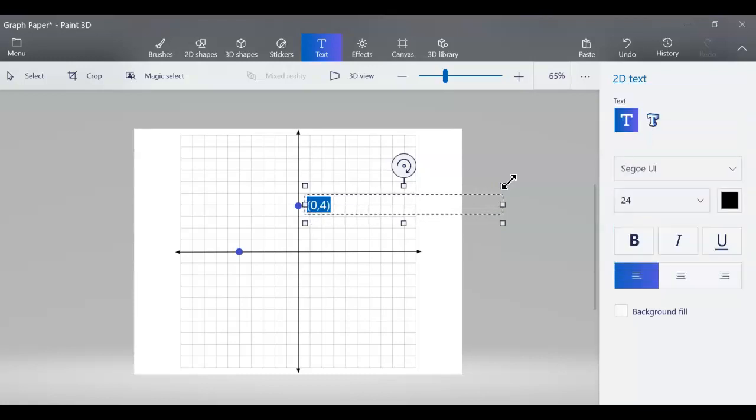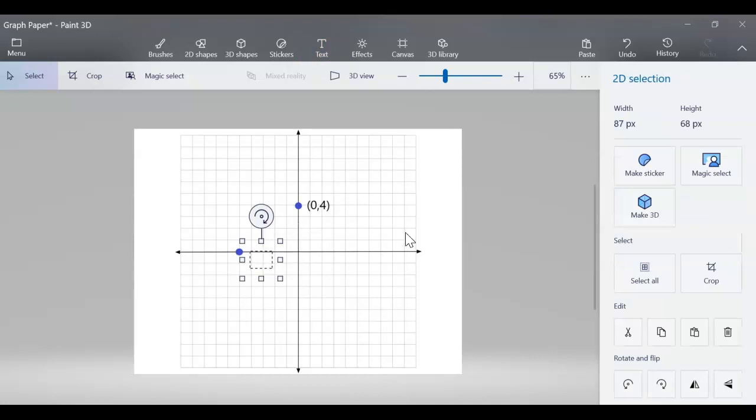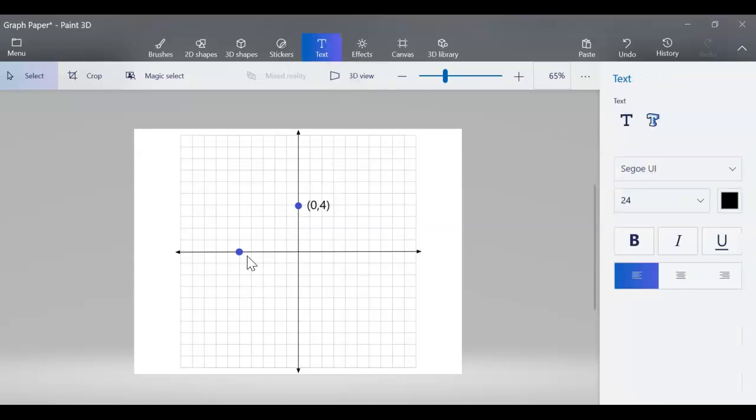So (0, 4) is that point, and as we said earlier, that is the point (-5, 0).